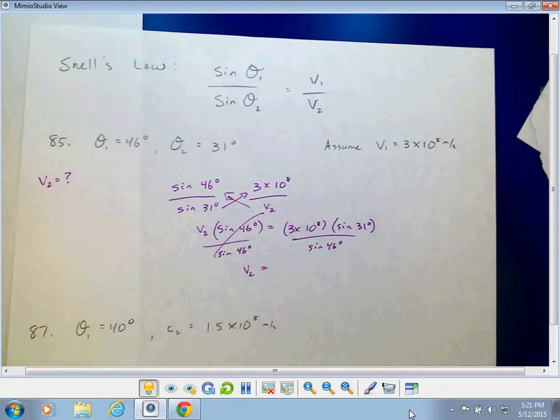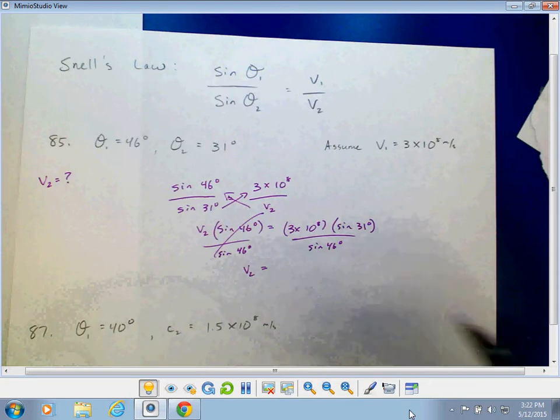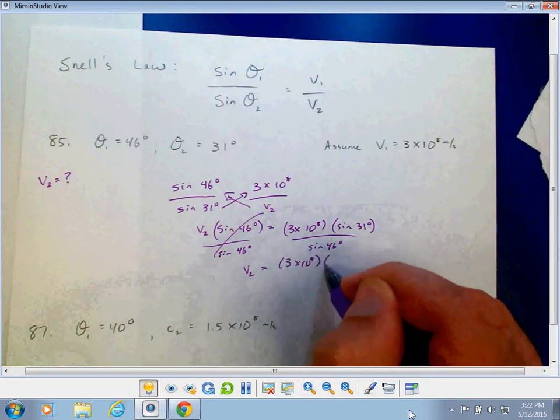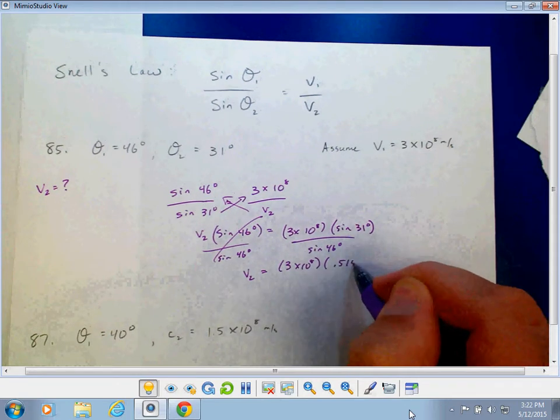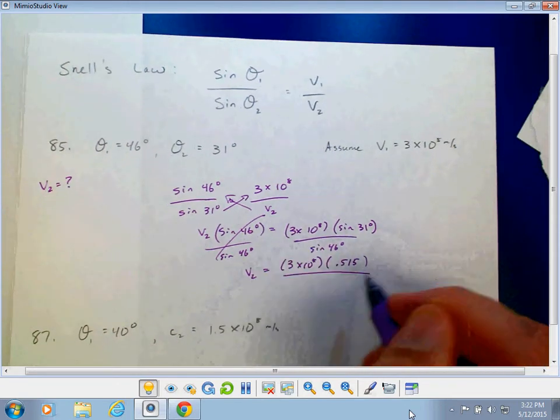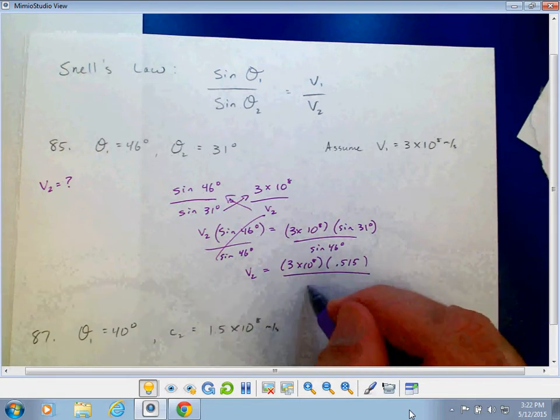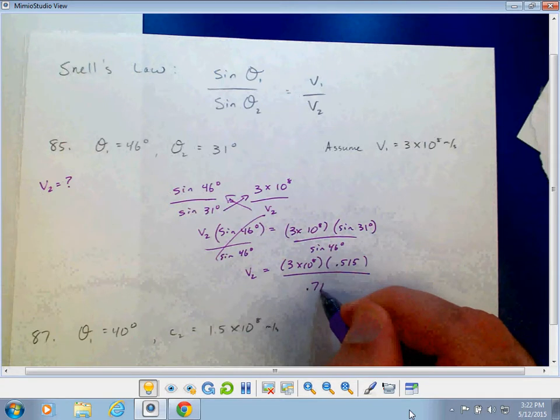And it looks like we should get a big number, of course, because it's something times 10 to the 8th. I'm going to make sure I did it correctly. By the way, if you like to use decimals here instead, you could have this as 3 times 10 to the 8th times 0.515 all over 0.719.